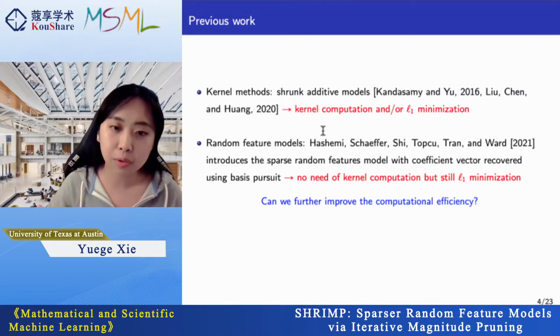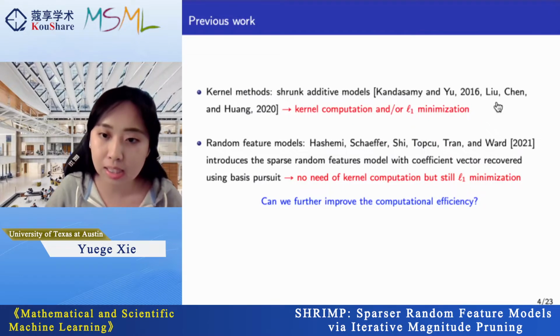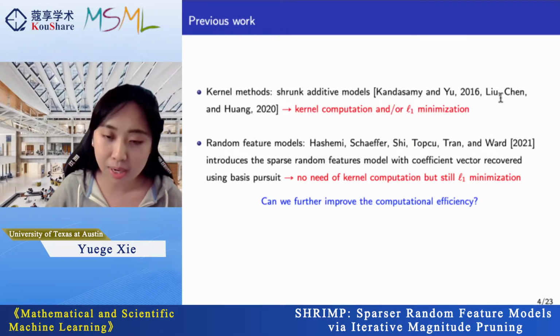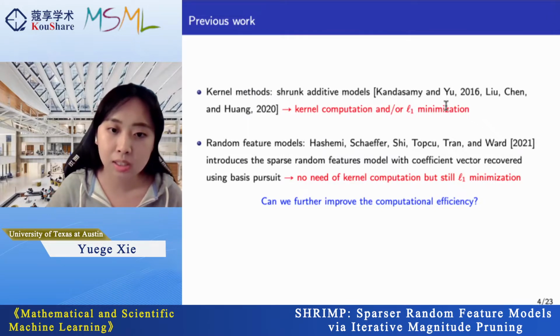They propose a kernel computation method with additive models, and in particular, Liu et al. use L1 minimization to get sparse shrunk additive models. But in this line of work, we need kernel computation to compute the coefficients we would like to approximate. So this line of work is not computationally efficient.